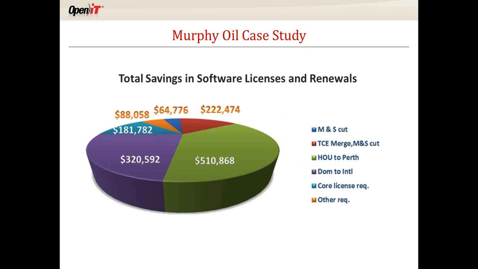So from a cost avoidance perspective, they were able to transfer some of those licenses to other regions within the company, so they had a cost avoidance saving, and these are very, very detailed documented cost savings that they were looking at across the board. So they were able to transfer some licenses out, so harvest them and transfer them to another region or another division. They were able to reduce their maintenance and support in a small piece of it.